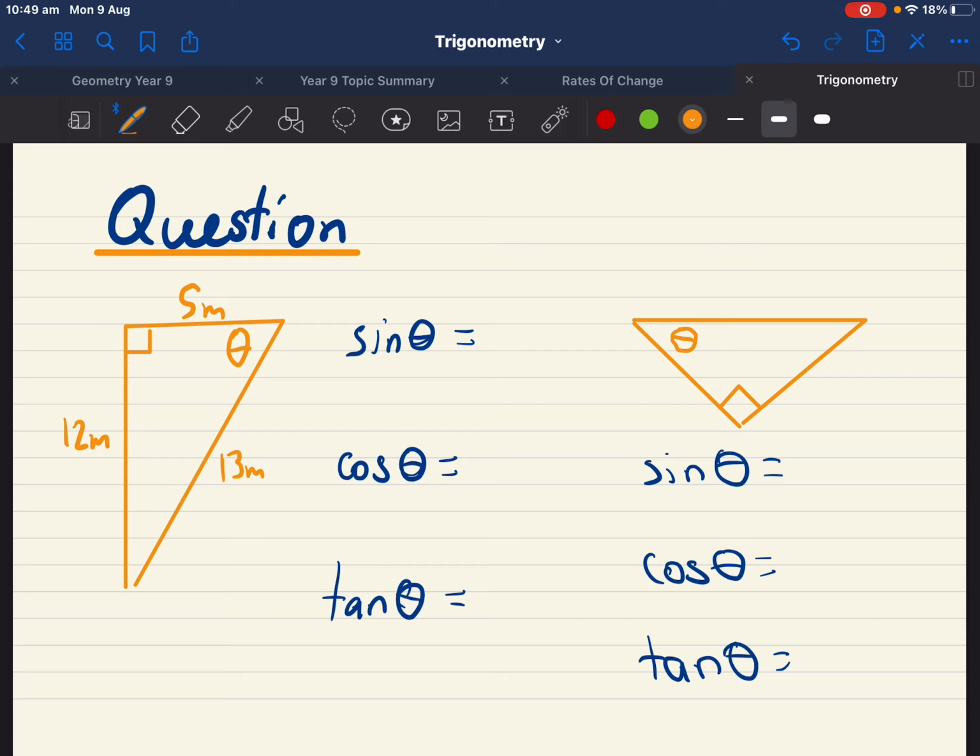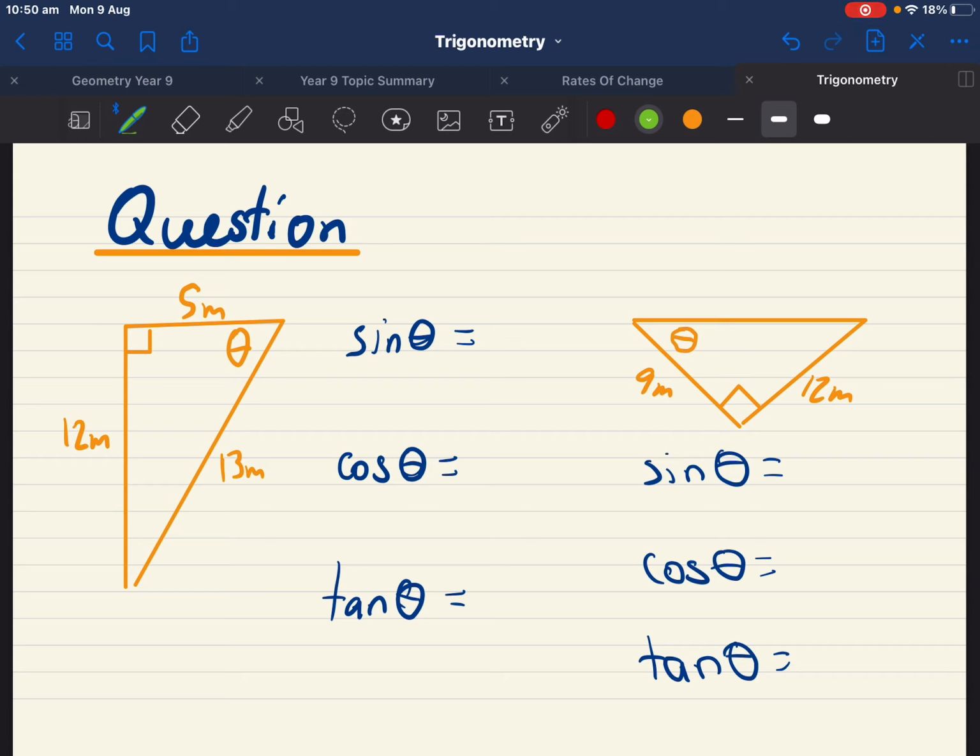And for this second one here, we can have, gosh, I don't know, let's have 9 meters, 12 meters, and the last side I'll leave blank. All right, so this is your plan. Pause the video, find the values of the 3 trig ratios for both triangles. Once you're done, unpause the video and we'll have a look at the answers to see how you went.